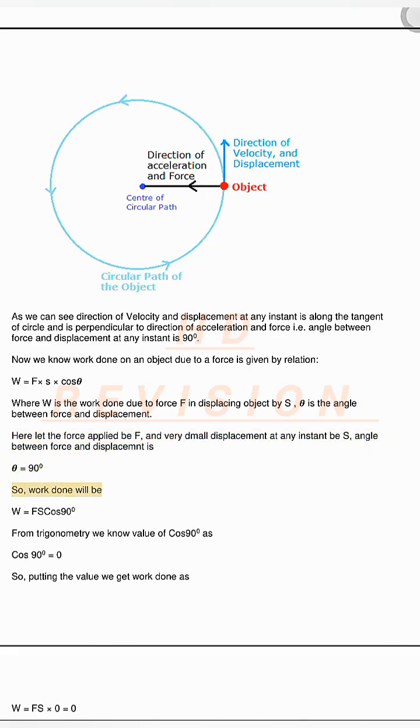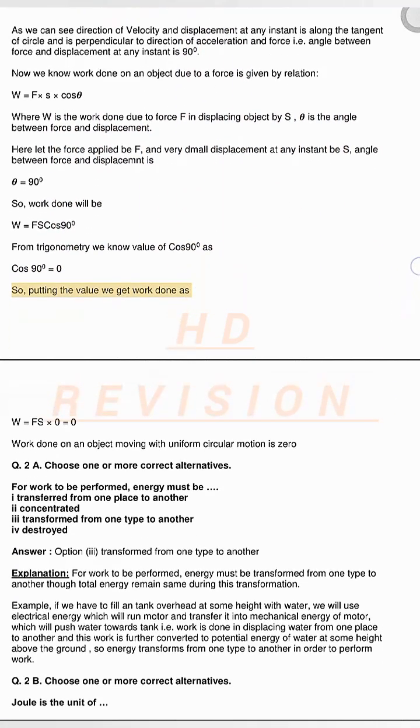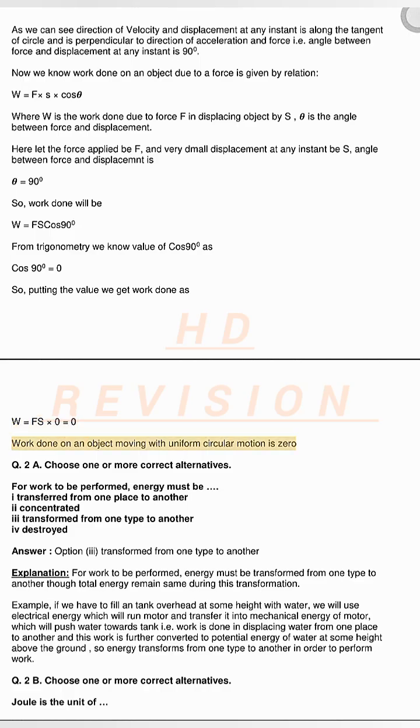So, work done will be W equals F s cos 90 degrees. From trigonometry we know the value of cos 90 degrees equals 0. So, putting the value we get work done as W equals F s times 0 equals 0. Work done on an object moving with uniform circular motion is 0.